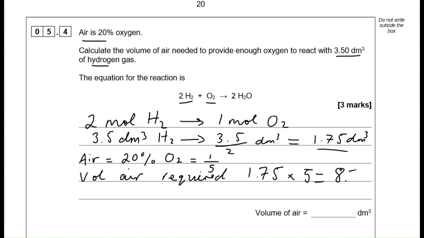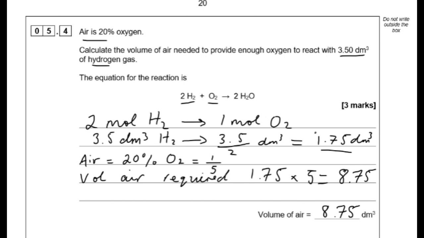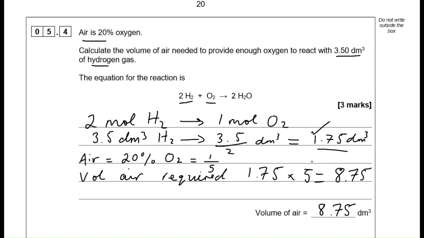So the volume of air required is 1.75 multiplied by 5, which equals 8.75 decimeters cubed. So it's 1 mark for working out the volume of oxygen from the mole ratio, 1 mark for the multiplication of that volume by 5, and 1 mark for the final answer of 8.75. 3 marks.